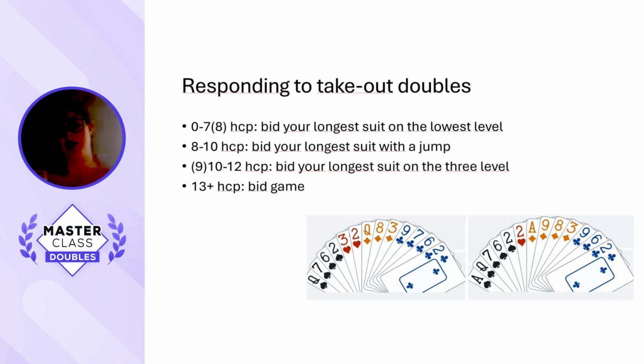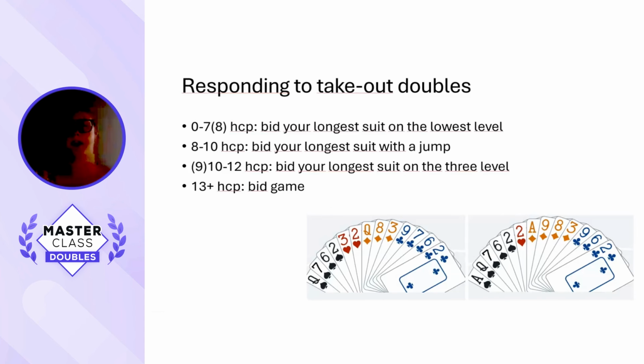If we are to bid clubs, the lowest level would be 2 clubs, but if we bid spades, the lowest level would be 1 spade. And we typically try to bid our major before we bid our minor, because we remember from the last slide that partner also focuses a little bit more on the major. So here we would bid 1 spade.